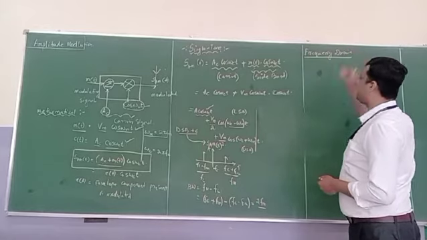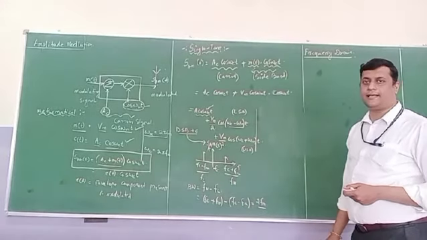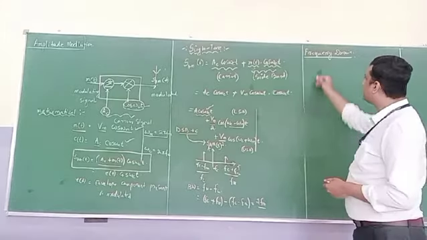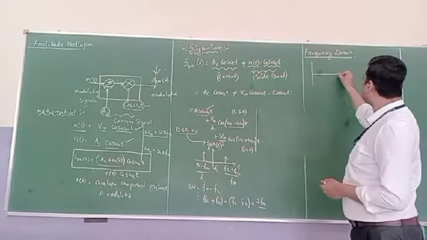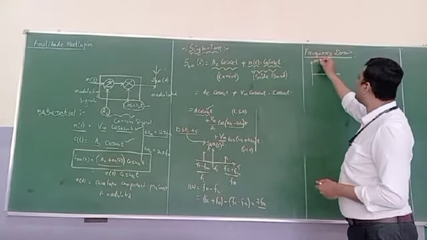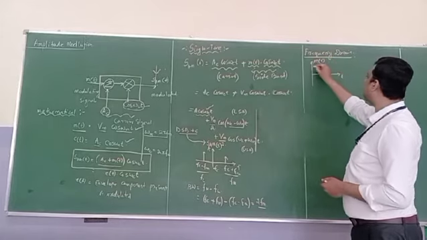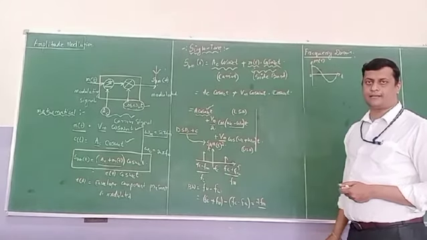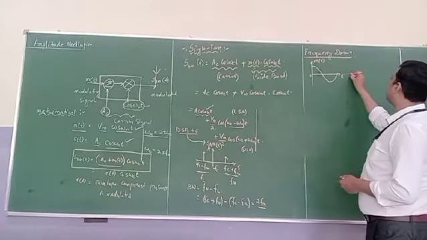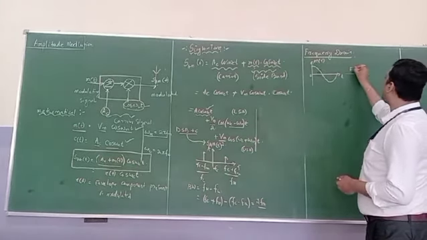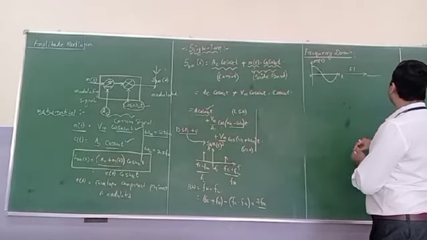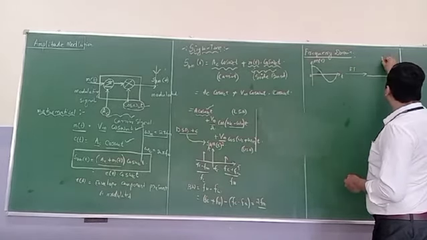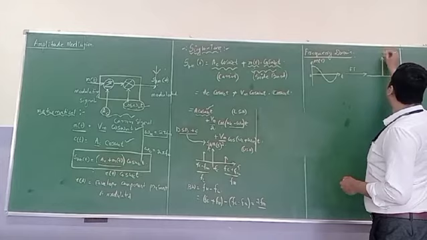Now first we need to represent the modulating signal. So for that I am drawing a modulating signal first. This is my m of t against time, the modulating signal we considered in the previous class. If I take a Fourier transform, m of t will become M of f.